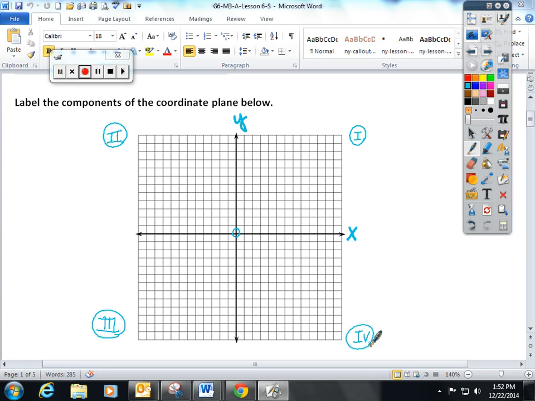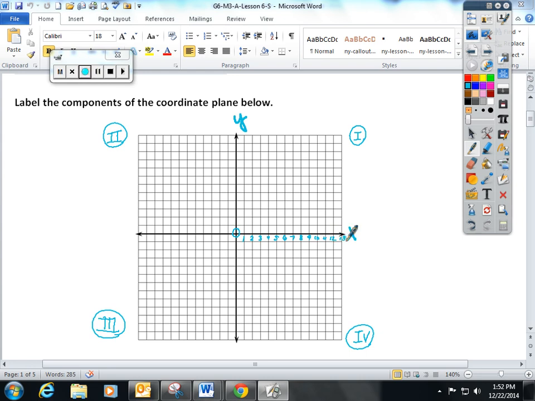I'm going to have you label the coordinate plane. We're going to start with the horizontal x-axis. You count the spaces, and after the space you number the line. So 1 space 1, 2 space 2, 3, 4, 5, 6, 7, 8, 9, 10, 11, 12, 13.